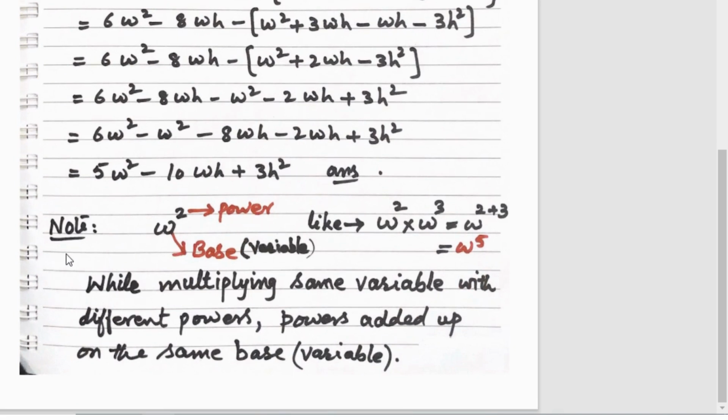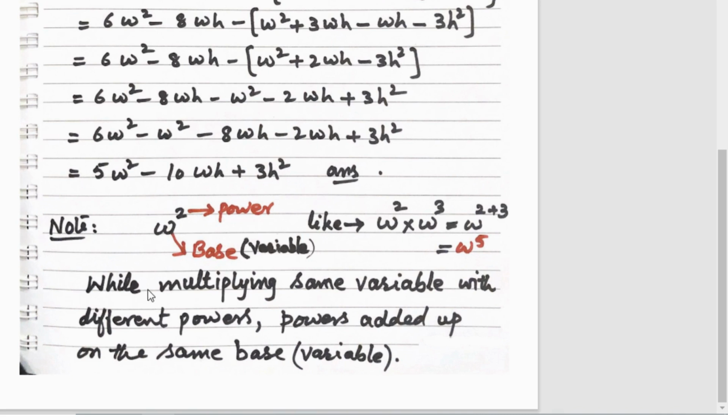I have written a note over here for you. When we have W square, a term like this, we should understand that W is a base. Until and unless there is a base, no building can be constructed on it. So until and unless we have a base, we cannot write a power on it. W is the base, or in other words the variable, and power is always written on a base or variable. 2 is the power over here, W is the base over here.